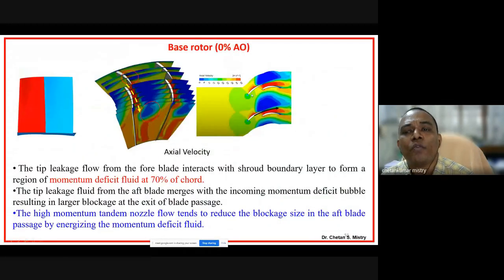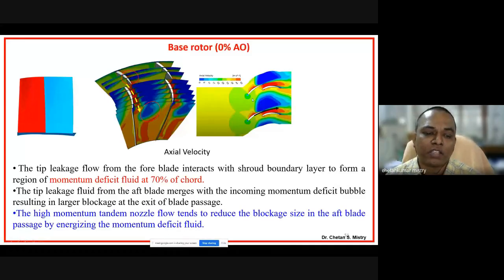For my 4-blade configuration, we have great separation around this region, at maybe 85% of span. Now we are getting the benefit of acceleration of flow because of this nozzle effect, so there are fewer chances for my flow to separate from this surface. But overall, you will still have separated flow.